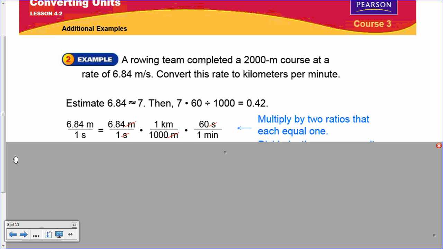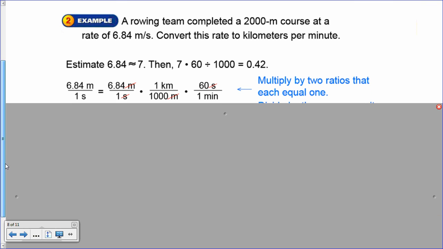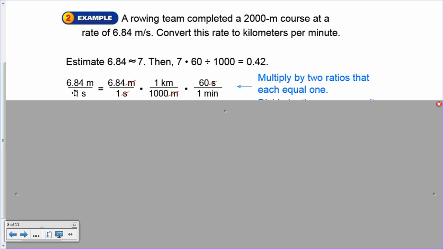Now to find the exact number. Here's where the 2 conversion rates come in. We have 1 kilometer is equal to 1,000 meters. 60 seconds is equal to 1 minute. Now we're going to multiply across once we have all of our conversion units set up. Notice our meters cross off and our seconds cross off.